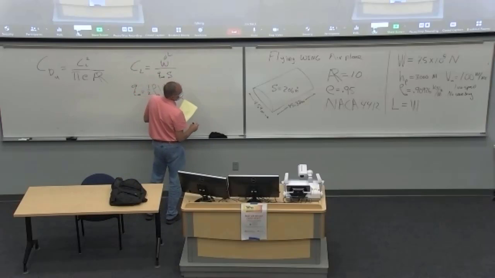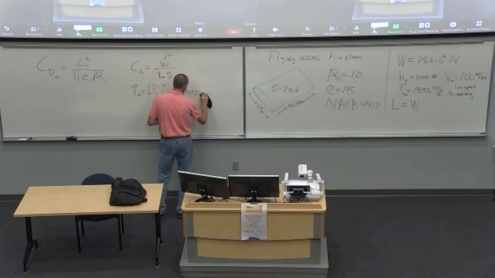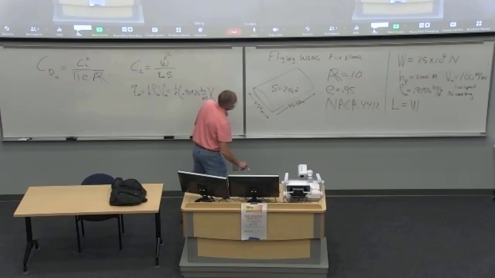So I look over and I get rho, which we looked up is 0.90926. And the velocity was 100, right?